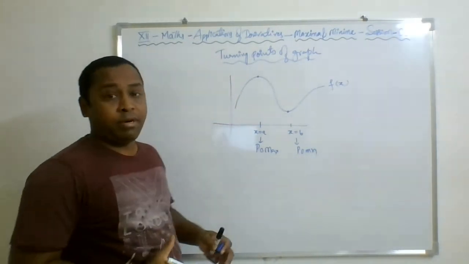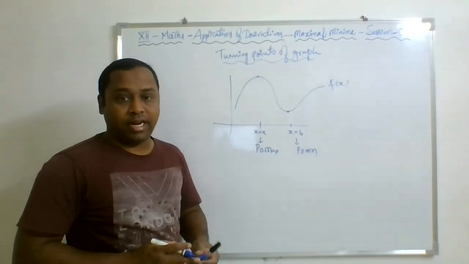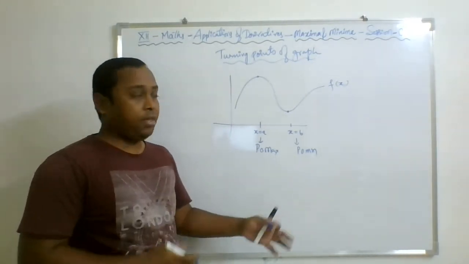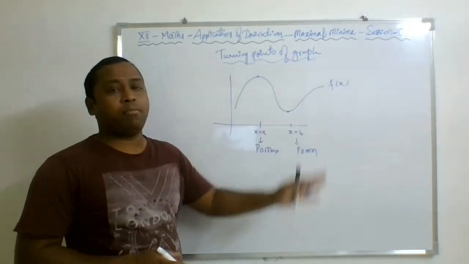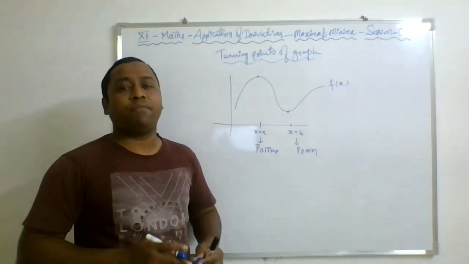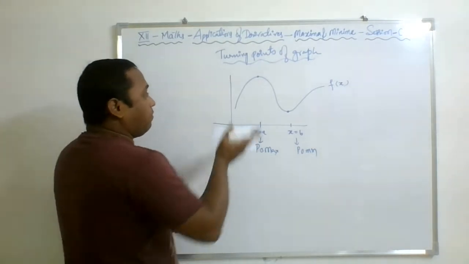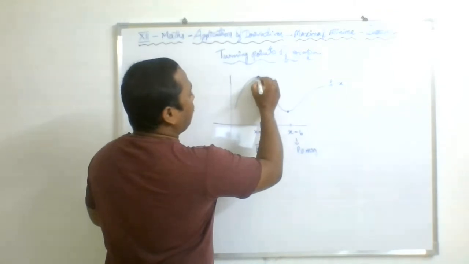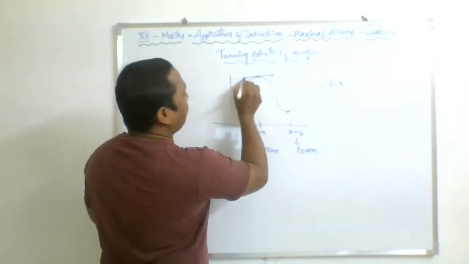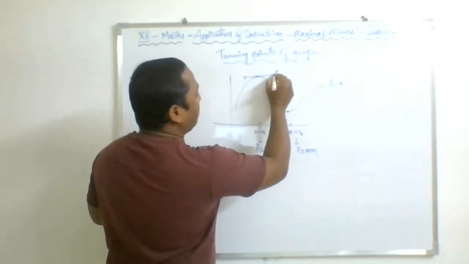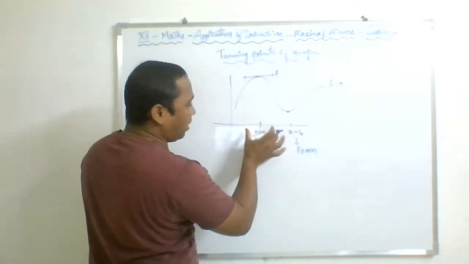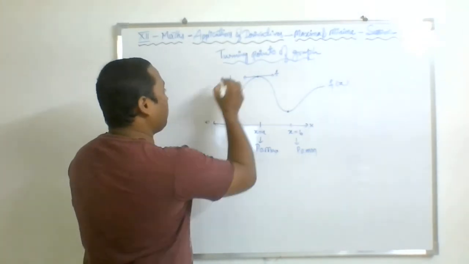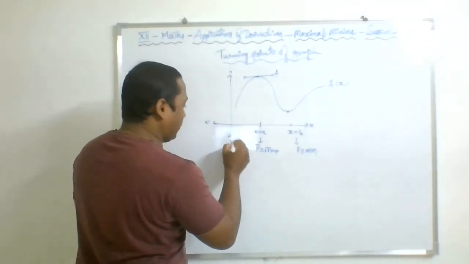Because you are able to see the graph. If the graph is given to you, or you have already constructed it, then you might have knowledge about the points of maxima and minima. But when you come to the derivative part, at these two points, if you construct the tangent, then this tangent is parallel to the x-axis.